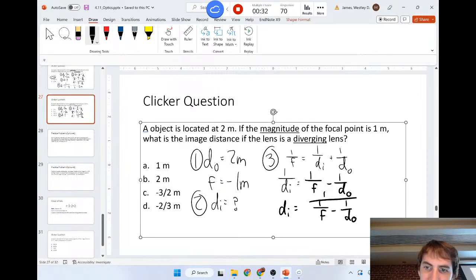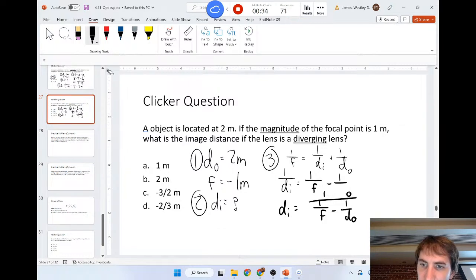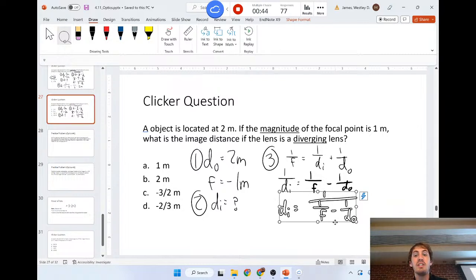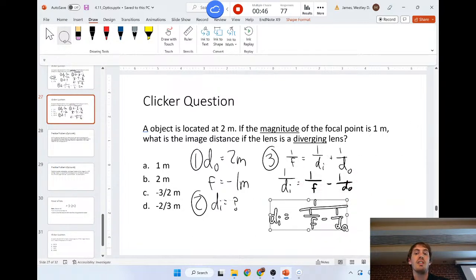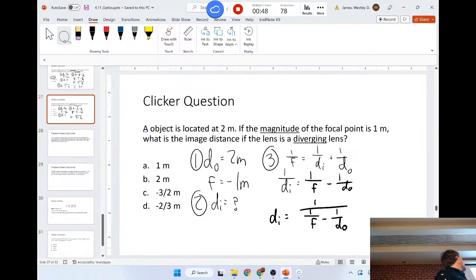Now, the thing that's different about this one versus the last one, that's a little hard to read, so let me scoot that around. The thing that's different about the last one is that my focal distance is negative. That's the reason I asked two questions that looked almost identical. The only difference here is F is negative.